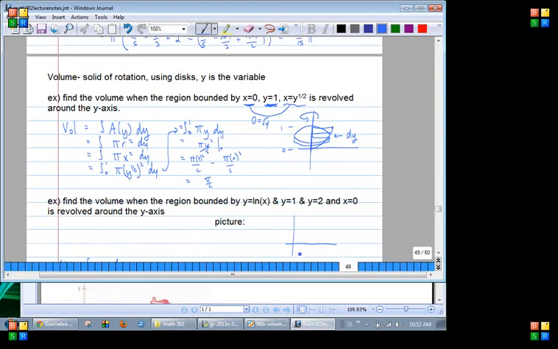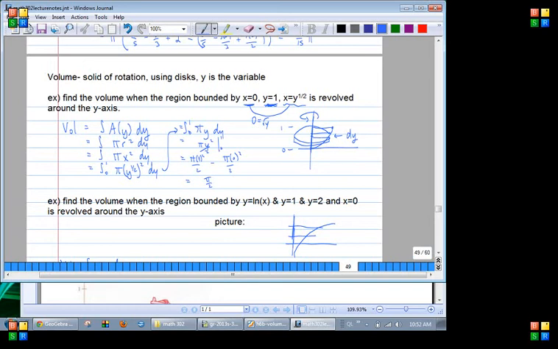Yeah. So ln of x looks something like that. And then what else do we have? Well, we got x equals 0, which is the y-axis. Then we got y equals 1 and y equals 2. So there's our region in there, and we're going to revolve around the y-axis.